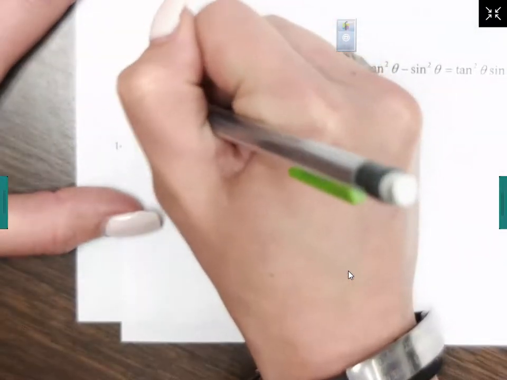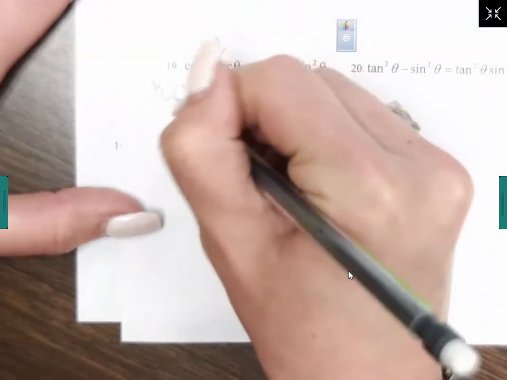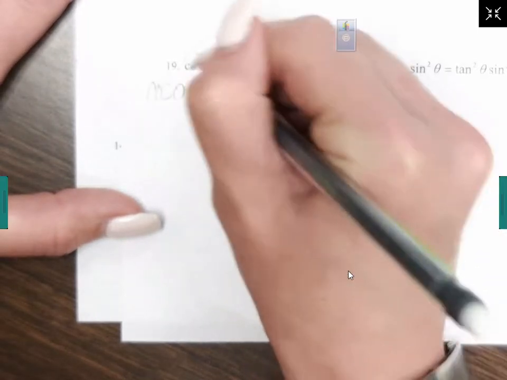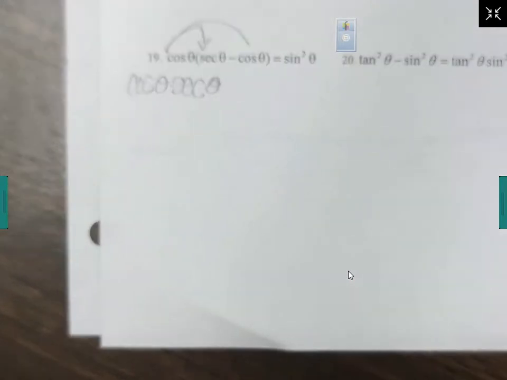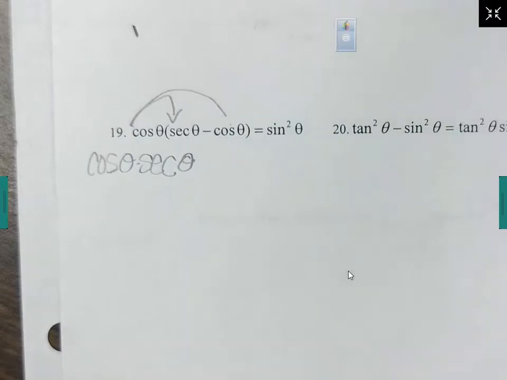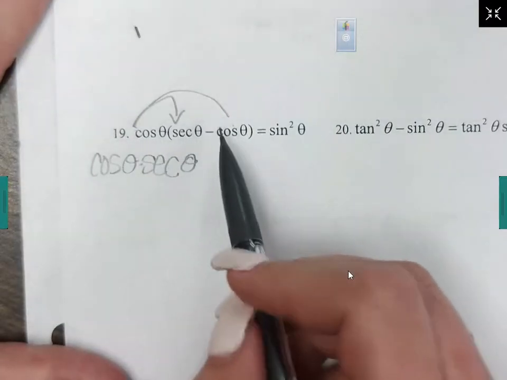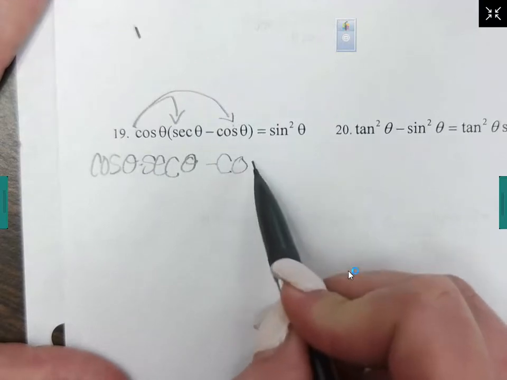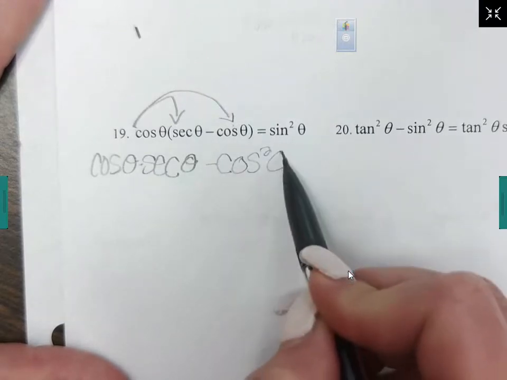So that gives us the cosine of theta times the secant of theta. And then distribute. All right, so now we're going to distribute cosine of theta to cosine of theta, and that's going to give us minus cosine squared of theta.